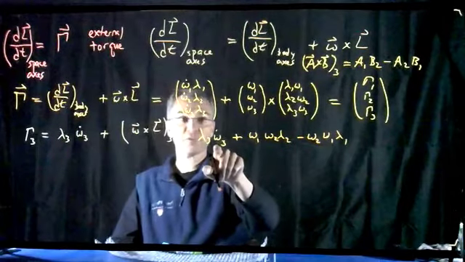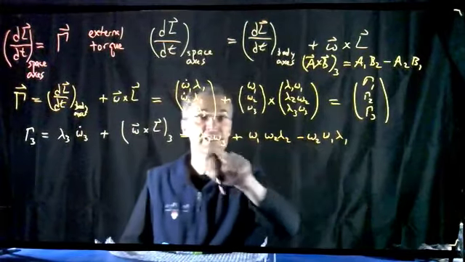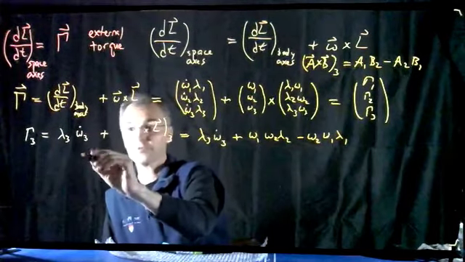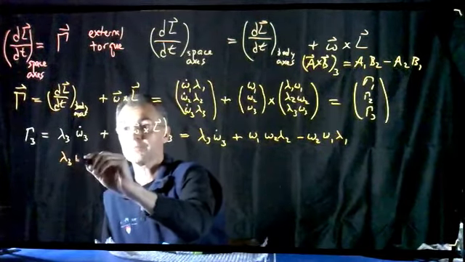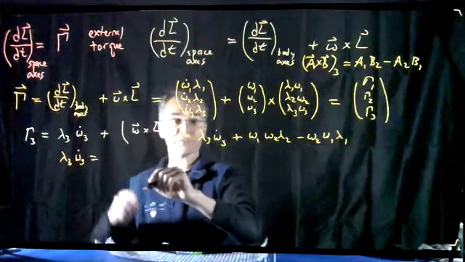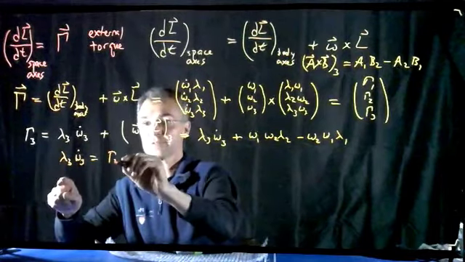While we're at it, we can pull this over to the left side because it makes a nicer looking result. So we'll get lambda 3 omega 3 dot equals gamma 3.